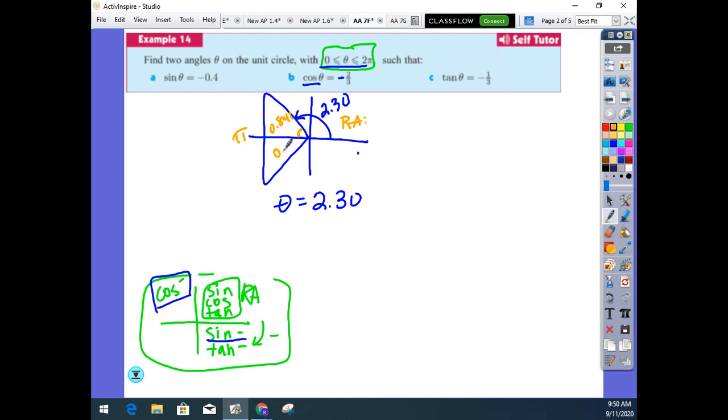That means this angle here is 0.841. So I need to now take pi plus the reference angle, not this angle, because that's the full angle there, to get 3.98.